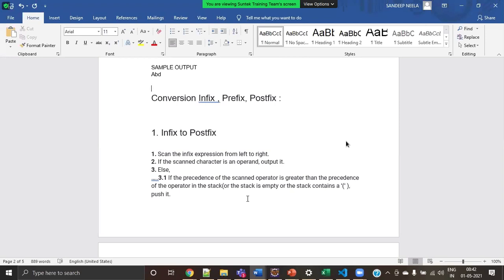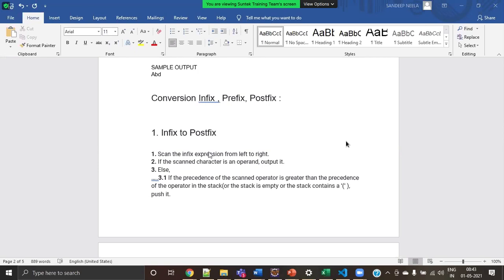First, we need to scan the infix expression from left to right. We can use stacks for this. This is like the expression evaluation problems.